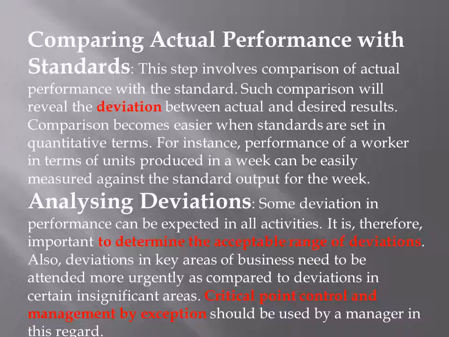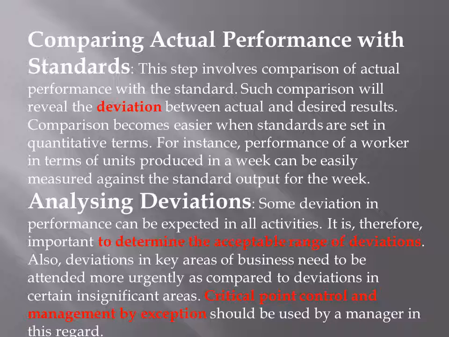If the actual work is lesser than the standard performance, means 50 units were to be produced and we are not able to produce 50 units, we are only able to produce 45 units, then there is a deviation of 5 units. And sometimes it may be that we were to produce 50 units but we have produced 55 units. Again, this is a deviation, but this is a positive deviation. Even then one must observe why these 5 excess units are being produced.